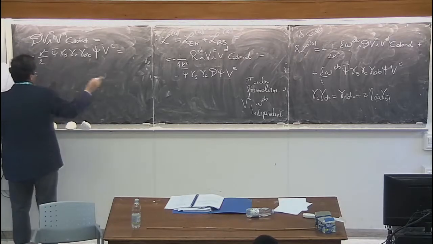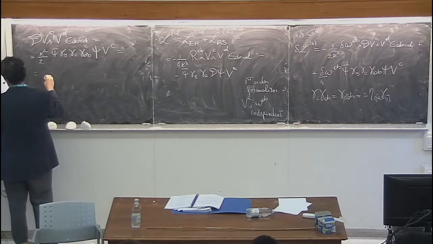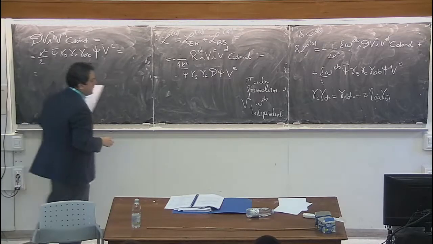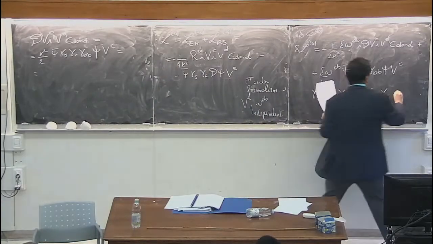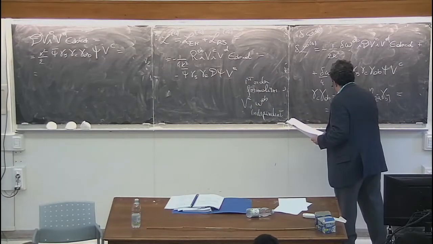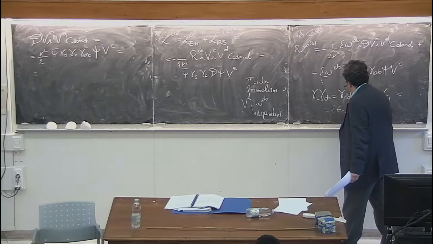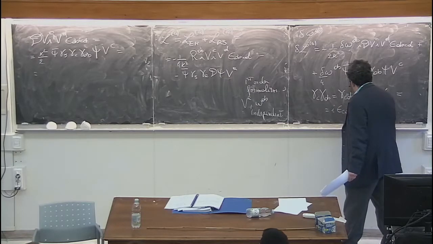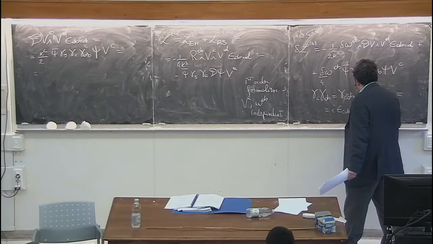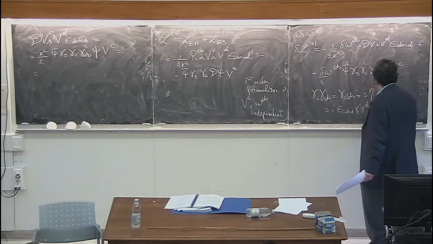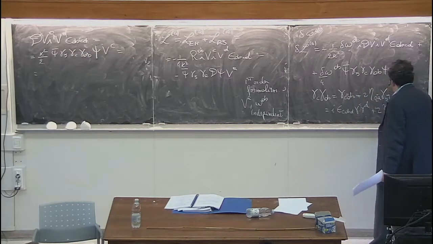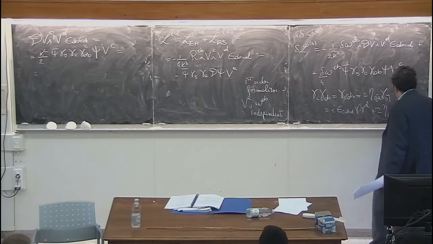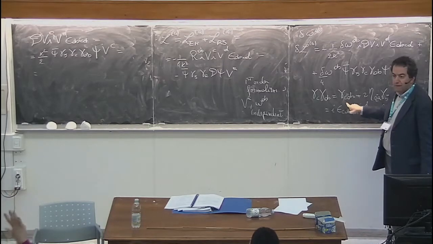And this, using that formula there, is equal to, then remember that this is also i epsilon_CABD gamma_5 gamma^D plus twice eta_CA gamma_B. Okay?